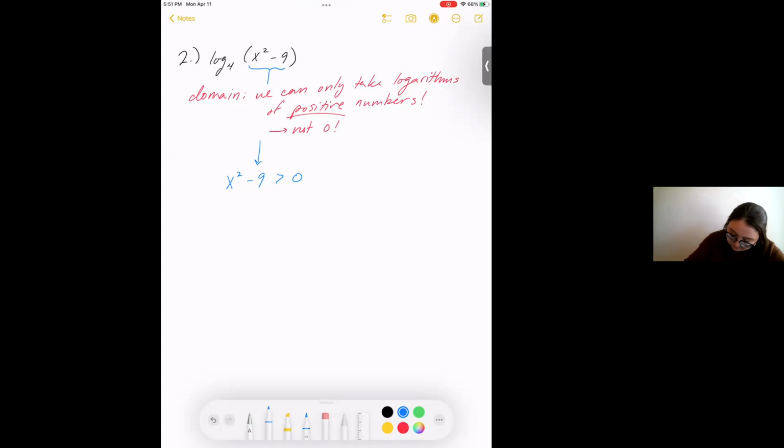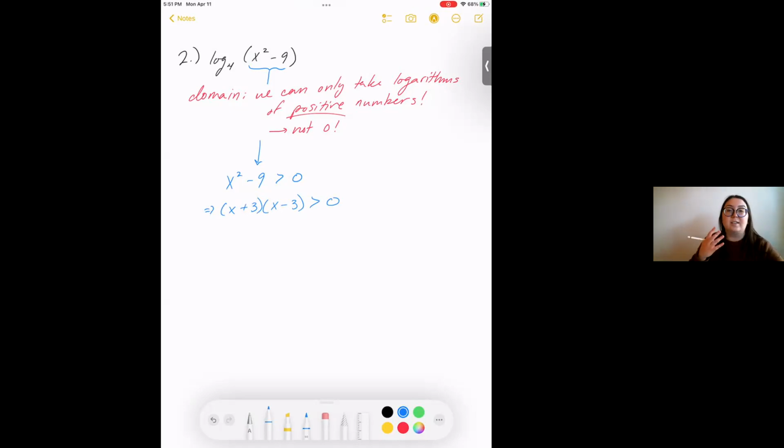So we can go ahead and factor x squared minus 9. X squared minus 9 is a difference of squares, so it factors into x plus 3 times x minus 3. We're stating that x plus 3 times x minus 3 has to be greater than 0.